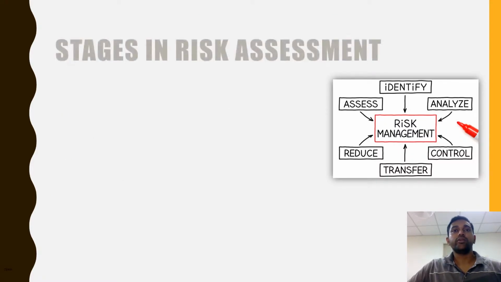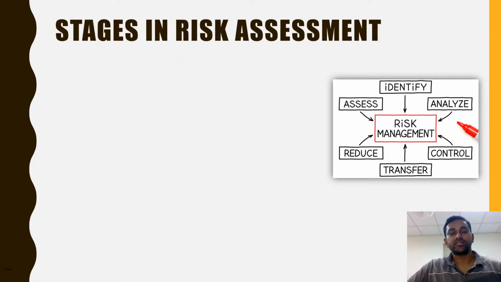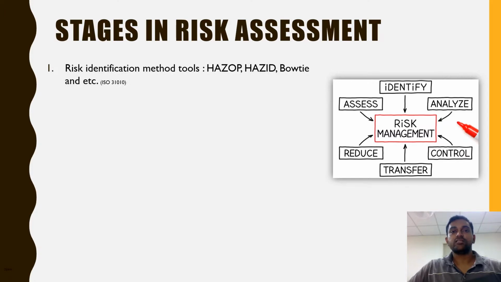Okay, now we are looking at the stages of risk assessment. There are a few stages that we need to follow to ensure our risk assessment is good enough to encounter all the risks or hazards facing our organization. First, we need a risk identification method, a tool to identify the risk.